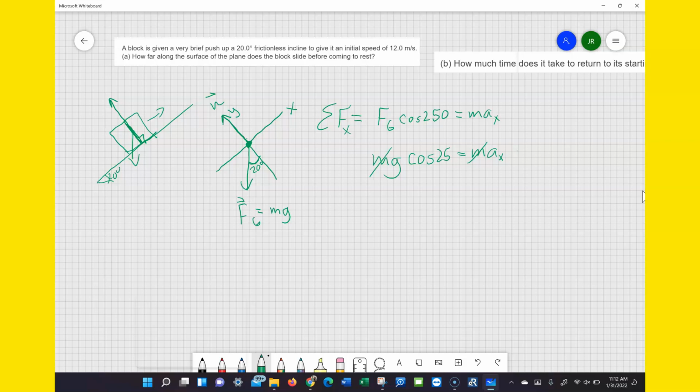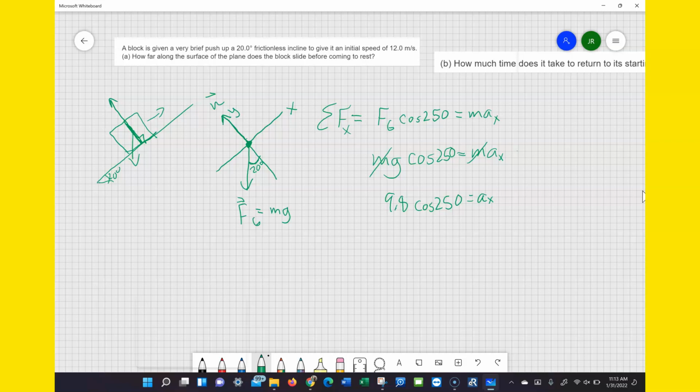So I left out my 0 right here on 250, didn't I? All right, so it's 9.8 cosine 250. That's going to equal my acceleration in the x direction. So let me do that in the calculator. 9.8 times cosine of 250.